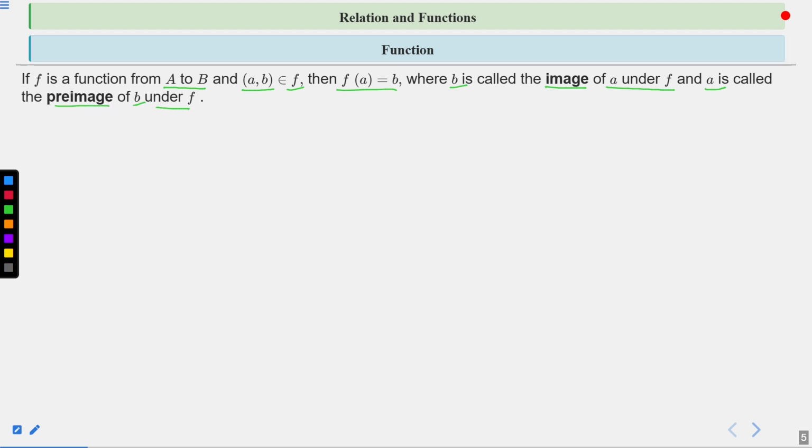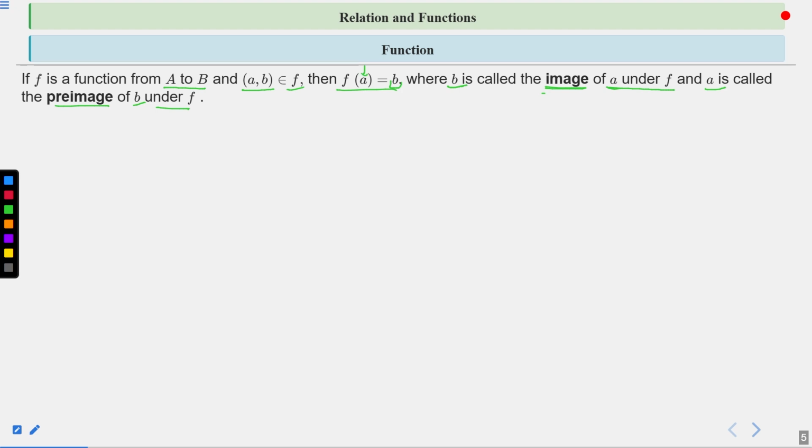These are some terminologies that we are going to use. So this output element will be your image, while this input will be your pre-image.